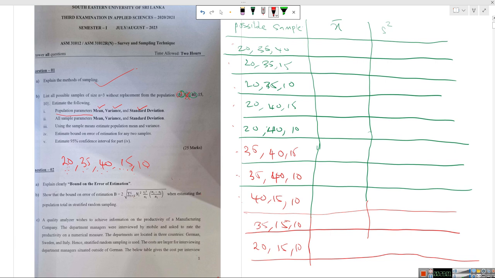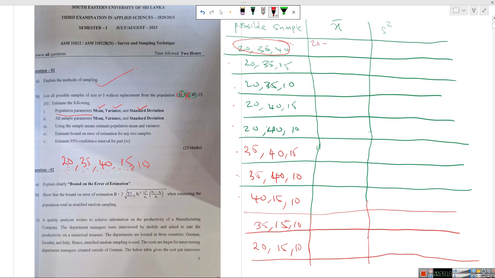So you should be very careful while drawing the samples: skipping 2, then you can write the rest to form the possible samples. Now x bar should be calculated by adding these 3 and dividing by 3.